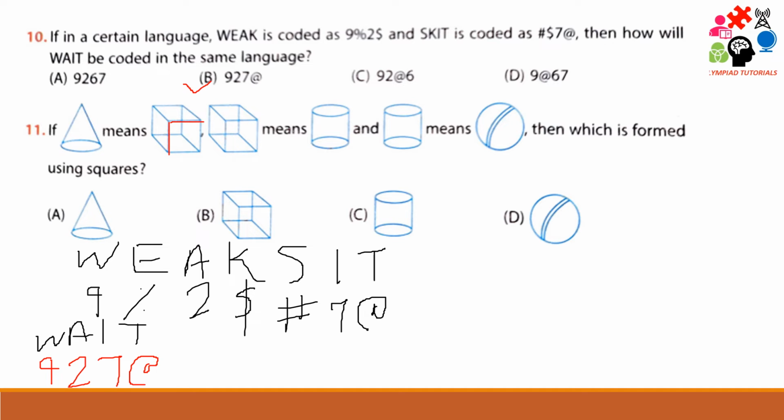Here you can see a cube is made of squares. So using squares you can form a cube. But in this coded language, cube means a cylinder. So here your option is going to be option number C, cylinder. Very simple question.